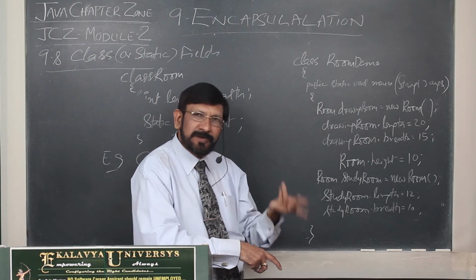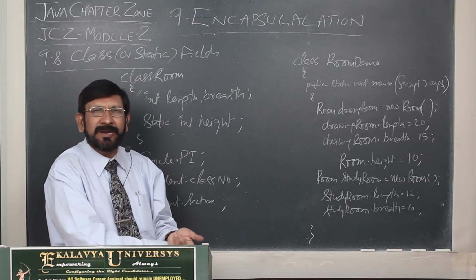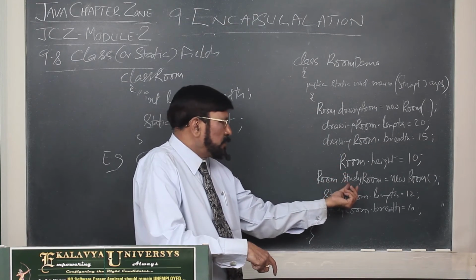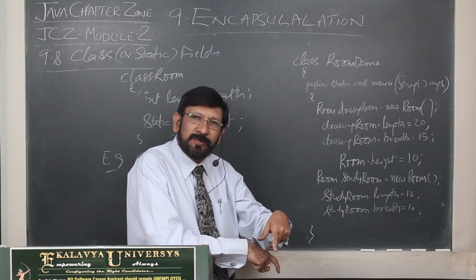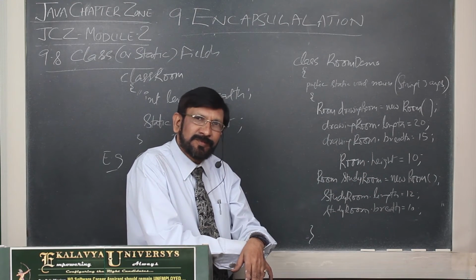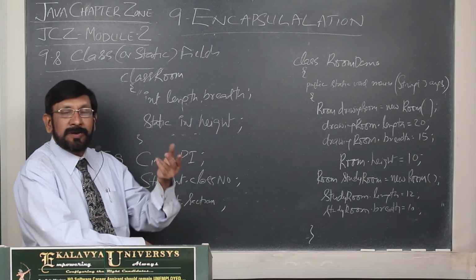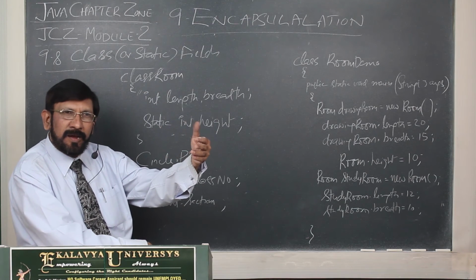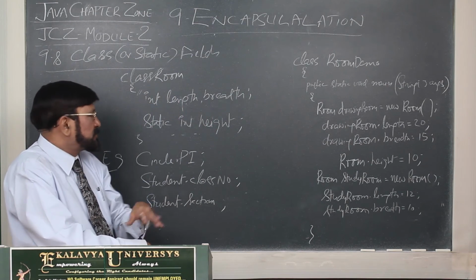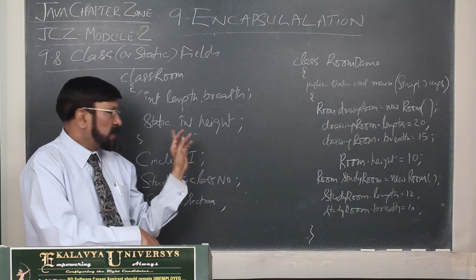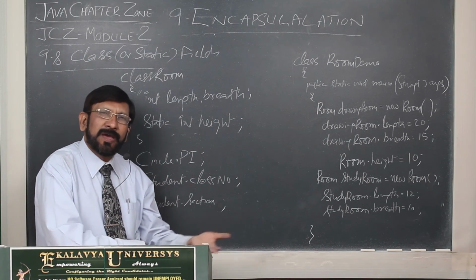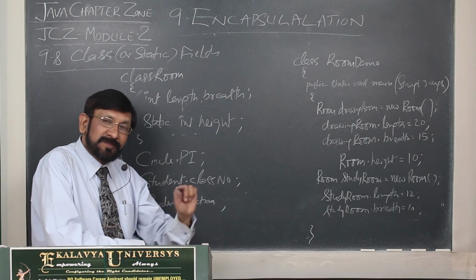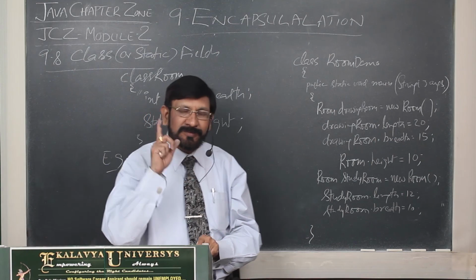Drawing room dot length is meaningful. Otherwise length is abstract. In the same manner breadth: whenever you create a study room, its length is meaningful, otherwise length is abstract. So whenever an object is created, the instance variables come into existence. As far as static variables are concerned, whenever the class is created, they come into existence because they are class oriented. That difference you must understand.